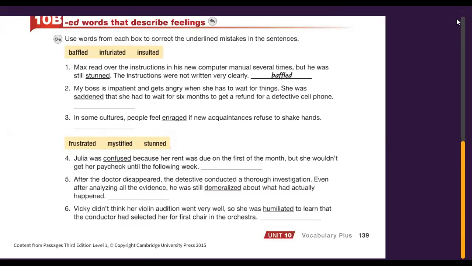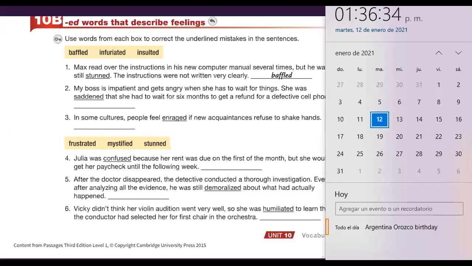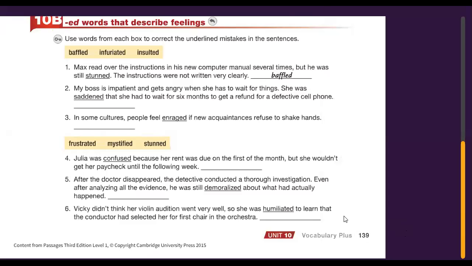Don't forget that we have the complaint letter that will be for this Friday. Friday what? 15. Yeah, Friday 15. And today I'm going to open the quiz number 10.